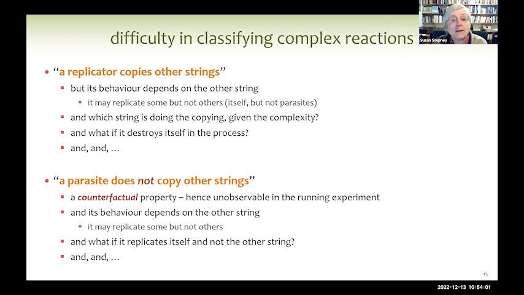It may replicate some, but not others. After all, a replicator with defenses does not copy parasites. Does that make it a parasite? Well, no. And a parasite might replicate itself, but not the other string, and so on.